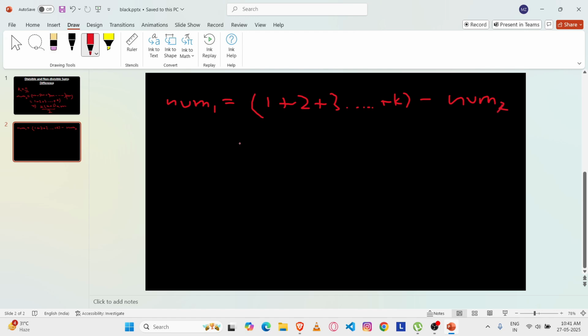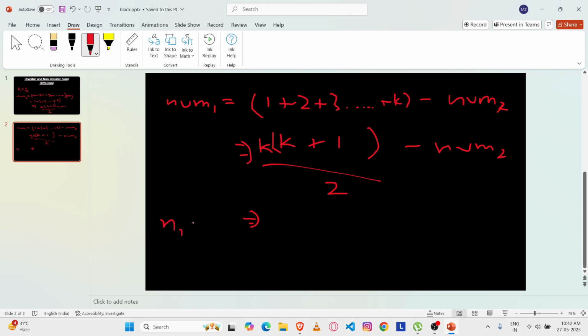So that would be our formula, if you remember, n into n plus 1 upon 2 minus num2.